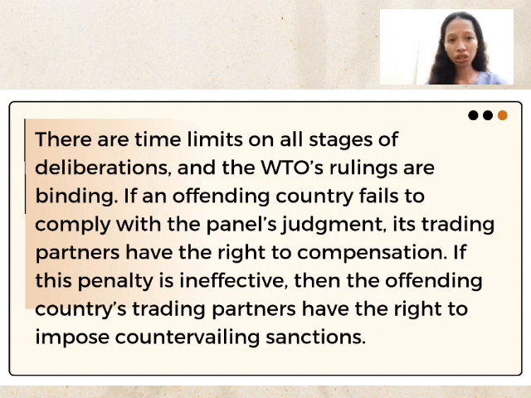The panel's decision can be appealed. Once the ruling is adopted, the member found to be in violation is expected to bring its measures into compliance. If this doesn't happen, the complaining member can request authorization to take measures.